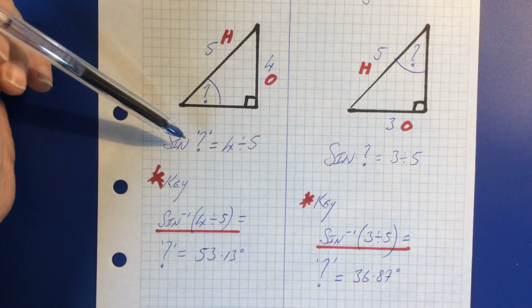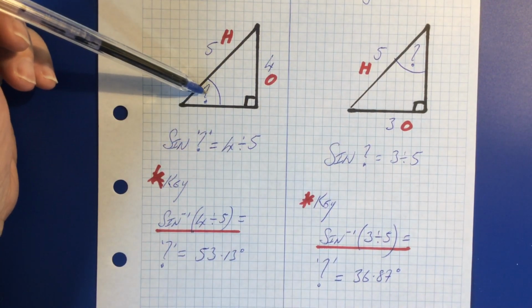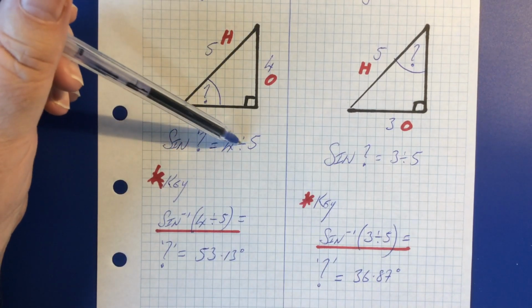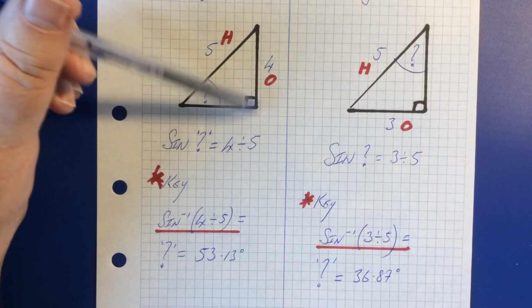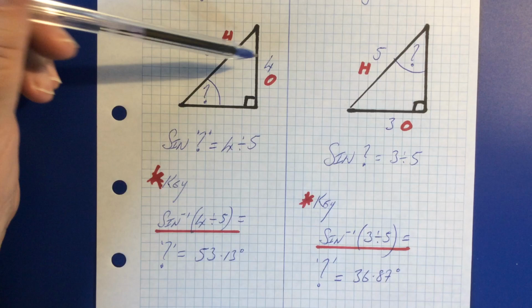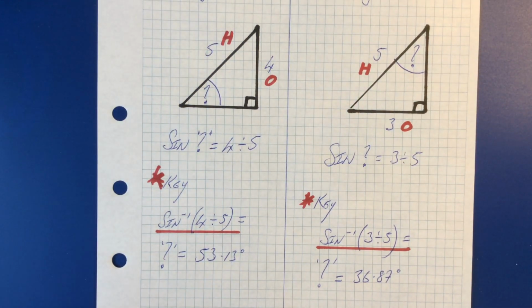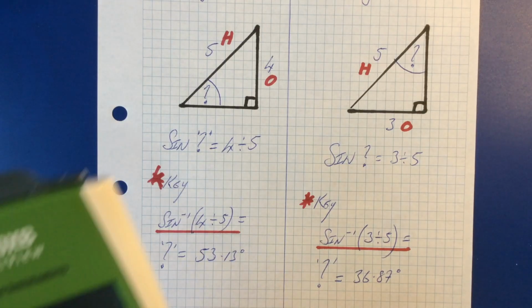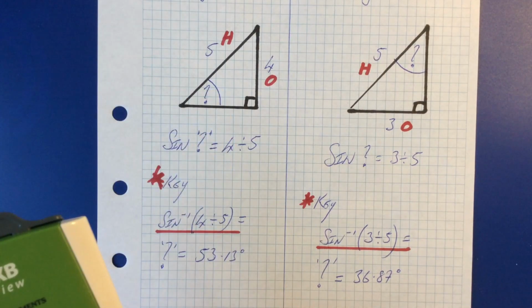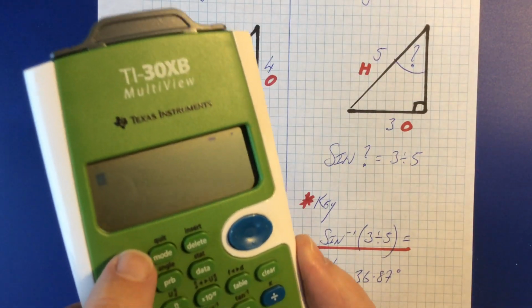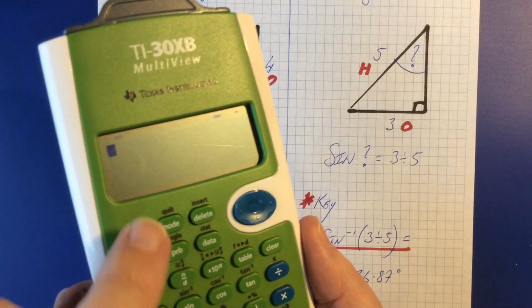So, the sine of whatever this angle is equals 4 divided by 5, 4 over 5, opposite over hypotenuse. To make this happen, you need to use the second function on a TI calculator.